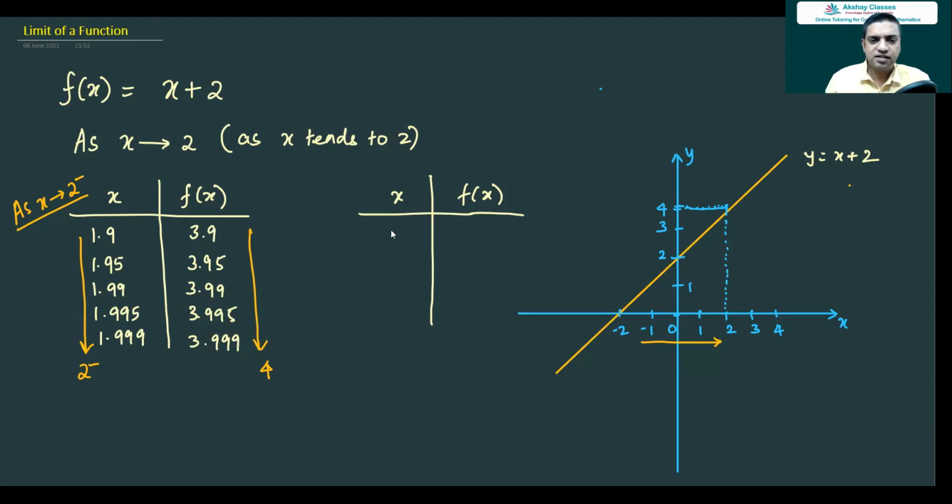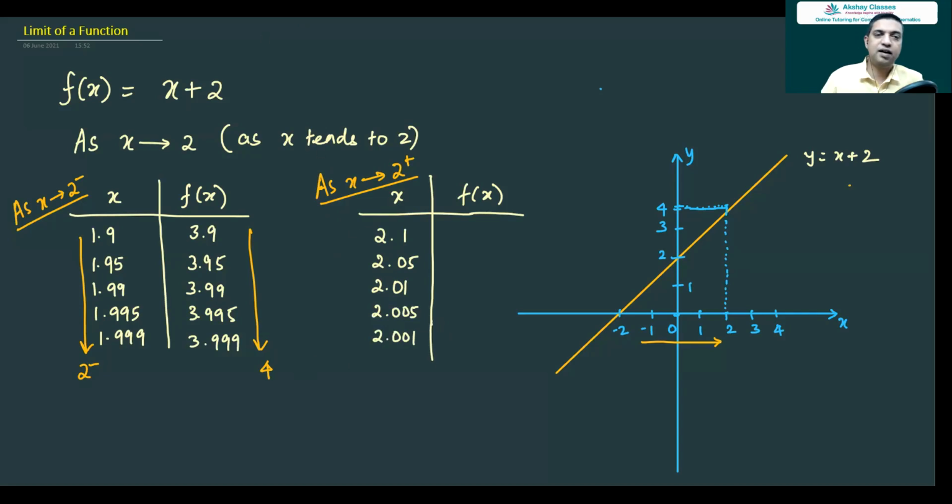Now let us consider this. Suppose we approach 2 from values greater than 2: 2.1, then we come closer, 2.05, then 2.01, 2.005, 2.001.